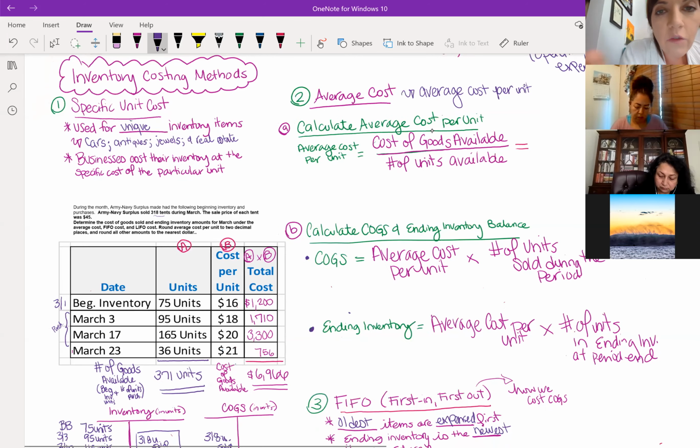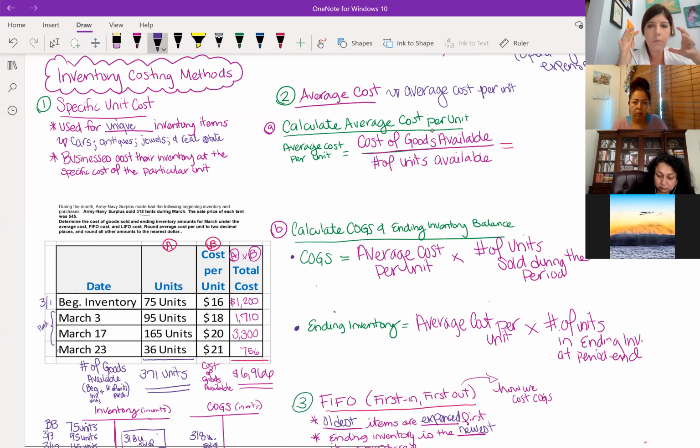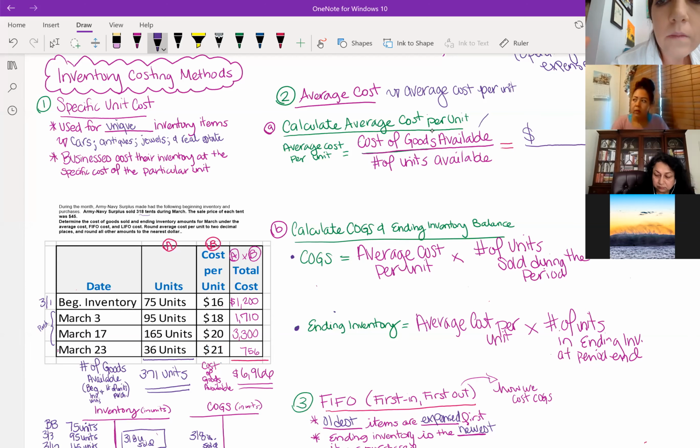So we first figure out how much in total inventory we had available during the period, and we put an average cost to that inventory. It's a weighted average cost.